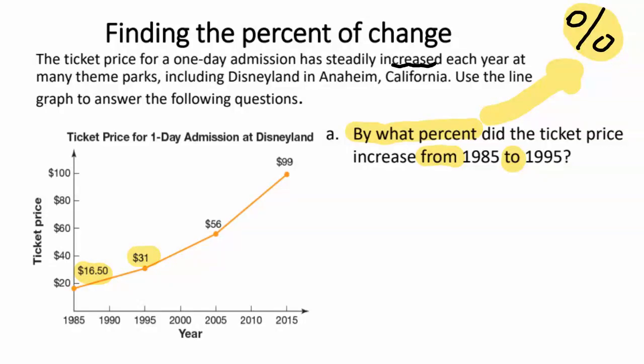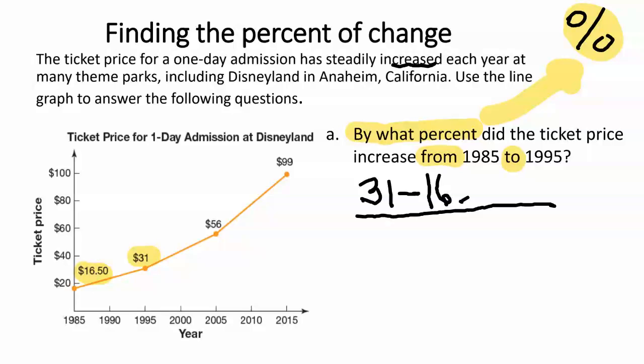Well, this is my fraction. I am taking 31 minus 16.50. But what came first in time? 1985 came first, which means this fraction is over 16.50.